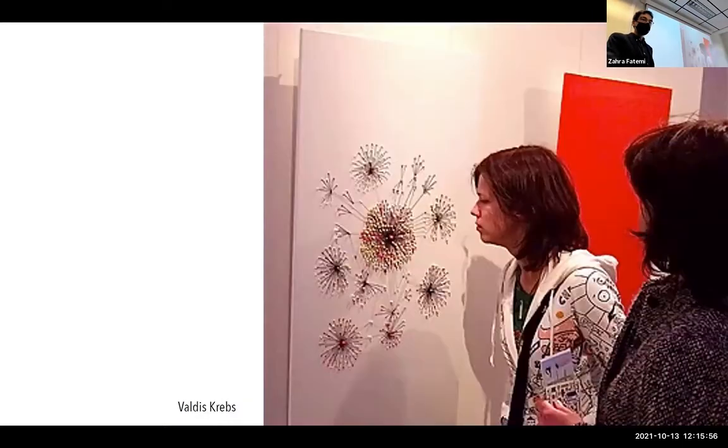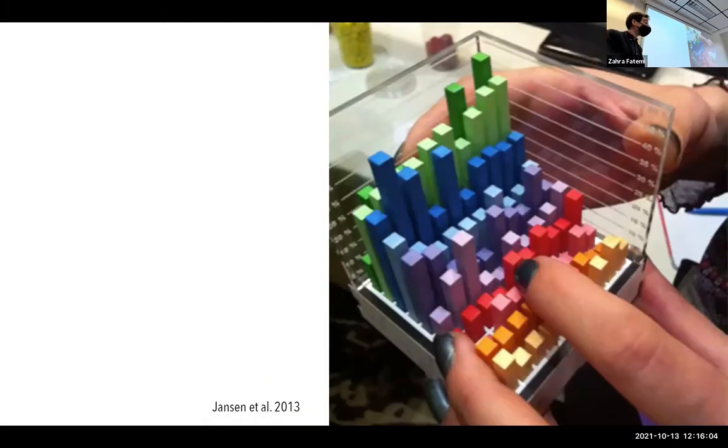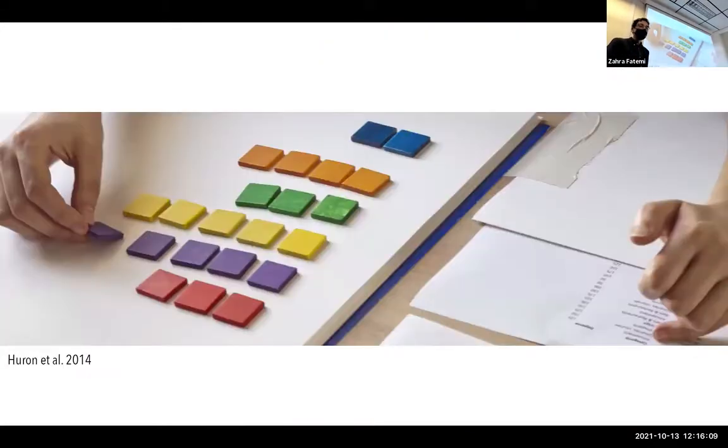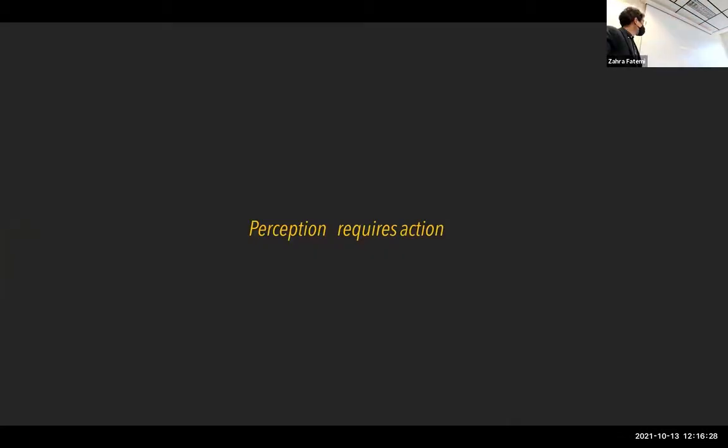In data visualization, this can be as simple as just getting closer to something, a physical zooming to read more details, or just touching a 3D printed bar chart to get a sense of its height. Or, with this kind of research, it's about manipulating the data directly, creating some kind of freeform layout without constraints, a bit like what they were doing with the physical matrix that I showed earlier. So perception of information requires action, and when it comes to visualization, it requires what we call interaction.